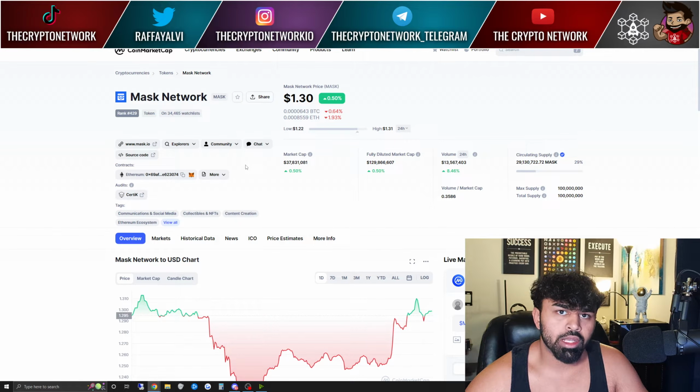So liquidity is how much money is invested into the cryptocurrency and how much can be sold and bought. This is not 100% accurate, but let's say there's $500,000 worth of liquidity. If somebody were to try and invest $500,000 into that cryptocurrency project, it's going to affect the price heavily.